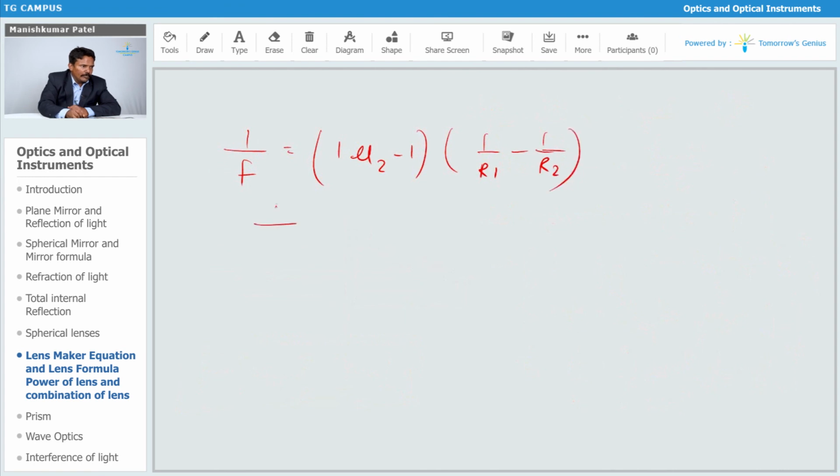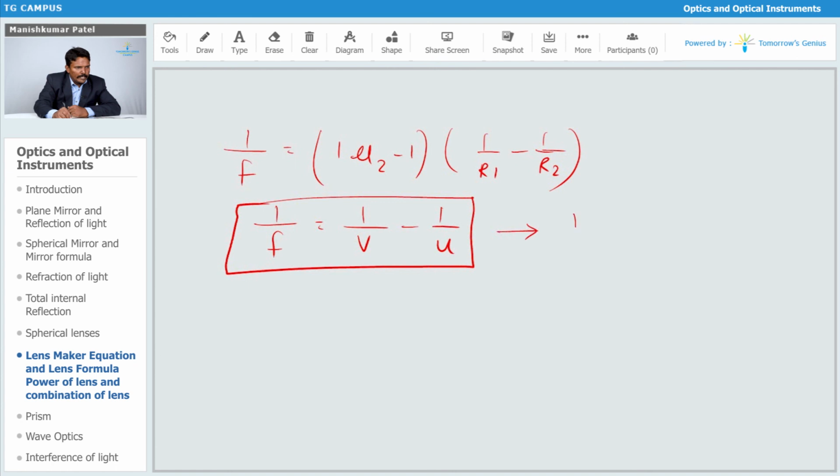If you compare the RHS and LHS, 1 by F equals 1 by V minus 1 by U. It is nothing but the lens formula. So this one we call the lens formula, and the other one is the lens maker equation.